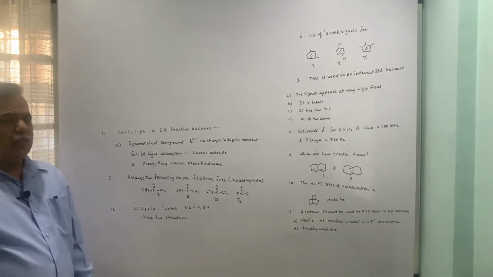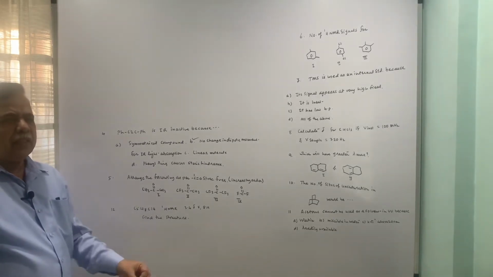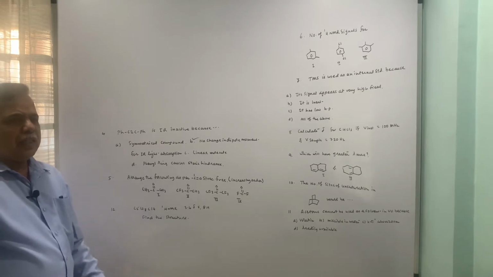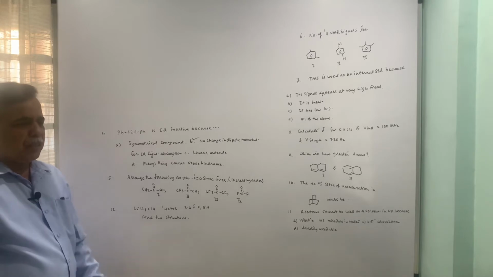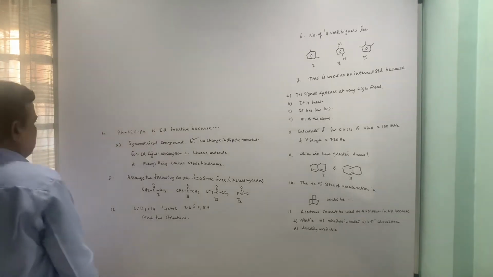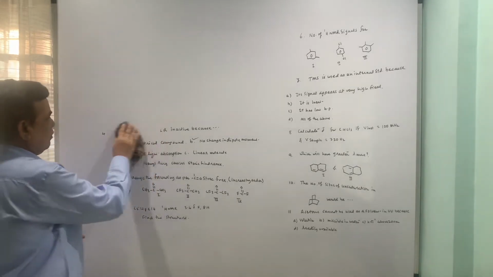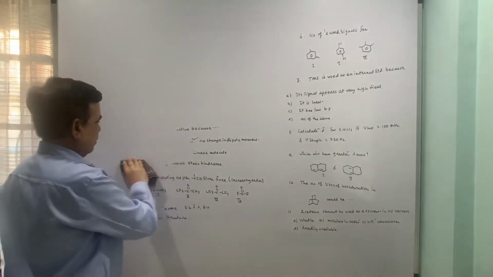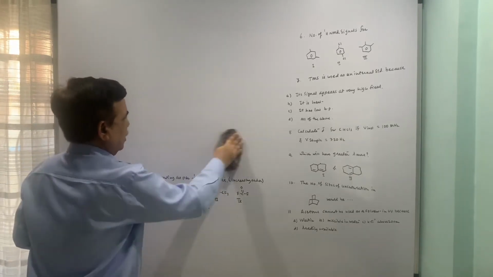According to the selection rule, if there is no change in dipole moment when the organic compound interacts with infrared light, it will not absorb the light. So simply no absorption, so no question of any spectrum. That is the selection rule. You have to remember, all molecules will not absorb IR light.